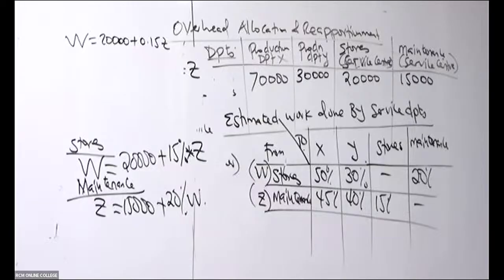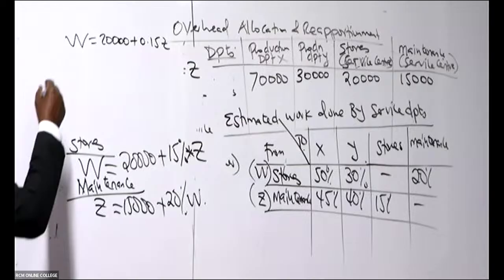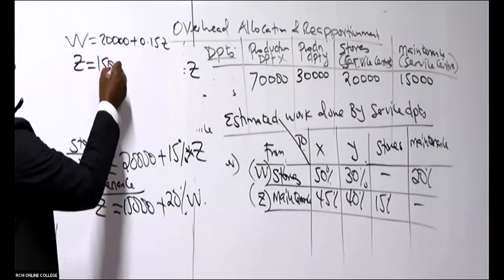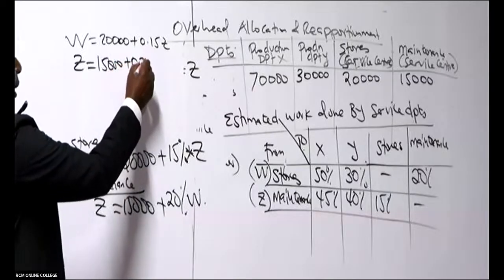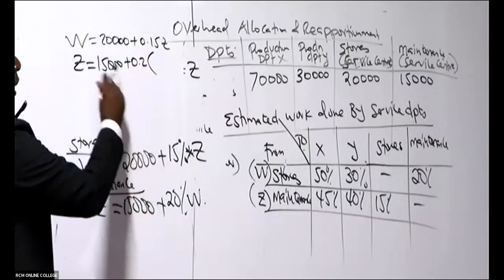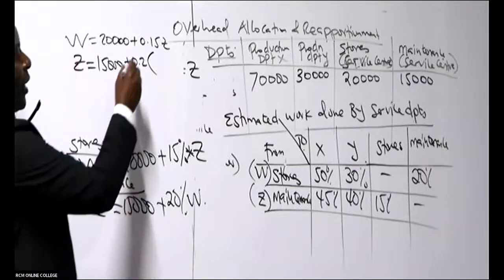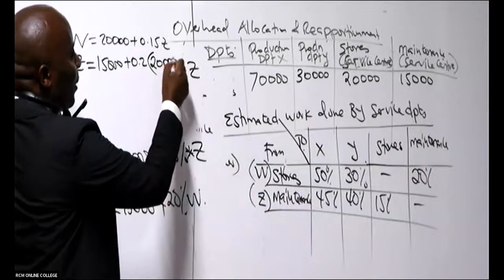Yeah, that's our W. And then Z, you've told me that Z equals 15,000 plus 0.2 what here? But do we know the value of W in equivalent? Yeah, W is 20,000 plus 0.15Z.